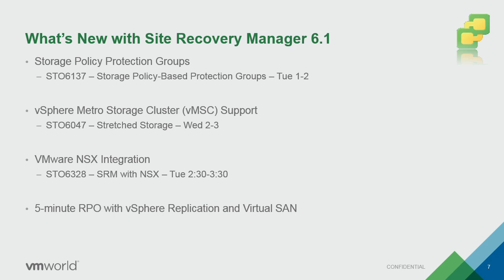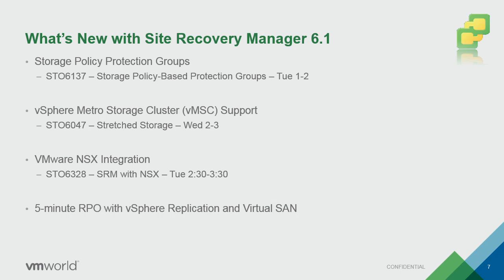So you create a storage policy, you associate data stores with that storage policy, then when you create a VM and you associate it with that policy, you place it on replicated storage, it's already protected by SRM. And it's not just for new VMs. If you have an existing VM, you storage vMotion it, you associate it with that policy, and again, it's automatically protected. And then the same thing from a deprovisioning standpoint. If you want to remove a VM from protection, disassociate it from that policy, it's unprotected automatically.